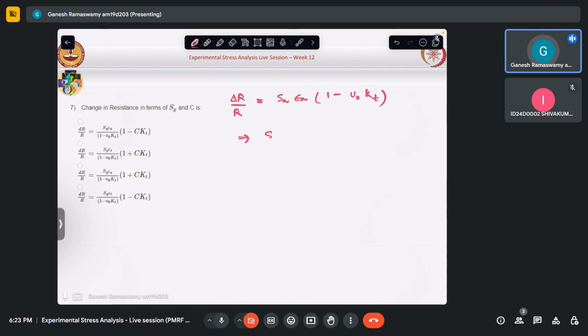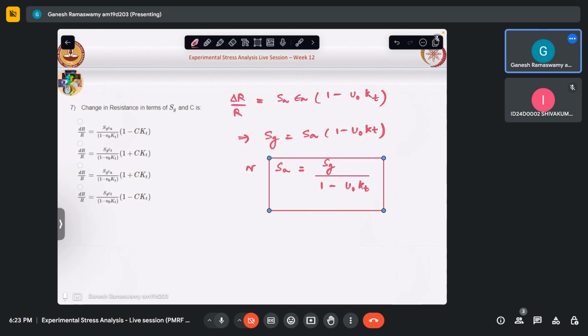So from here it follows that Sg is Sa into 1 minus mu naught Kt. Or we can also write Sa is given by Sg divided by 1 minus mu naught Kt. So far so good.